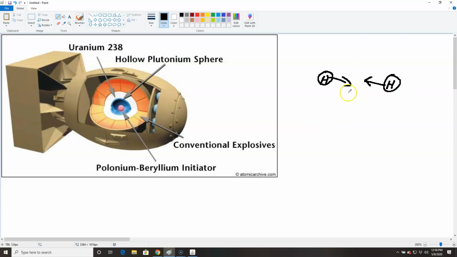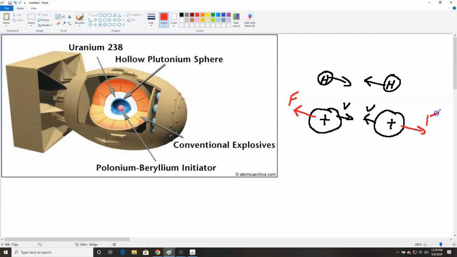Well, this is very difficult to do because hydrogen has a natural positive charge in the nucleus, and therefore, although you have a velocity trying to get these two things to collide, you have a very strong electric force repelling. So the hydrogen atoms naturally don't want to be close to each other. So we need to get those hydrogen atoms to move at incredibly fast speeds to overpower the electrostatic repulsive force.